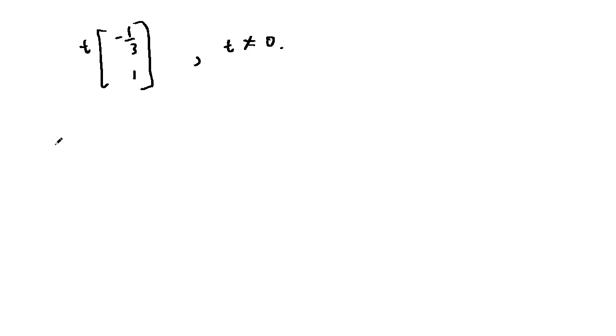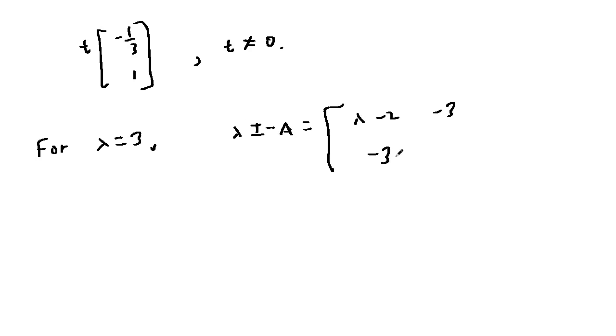Okay, now for the other eigenvalue, lambda equals 3, lambda I minus A equals, remember what that matrix was? So plugging in lambda equals 3, I get this.